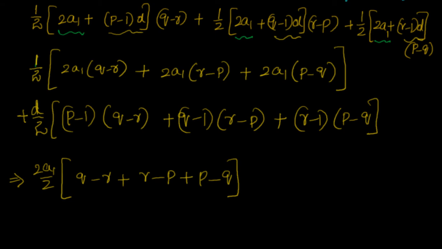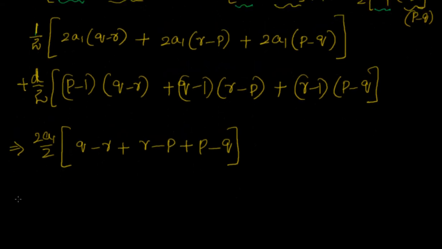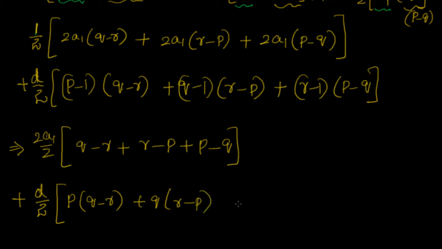Now let me come to the next one. What I have here, plus d by 2 into, I will separate these two terms. I will say p into q minus r minus 1 into q minus r, so that I can simplify them. I will have p into q minus r plus q into r minus p plus r into p minus q.